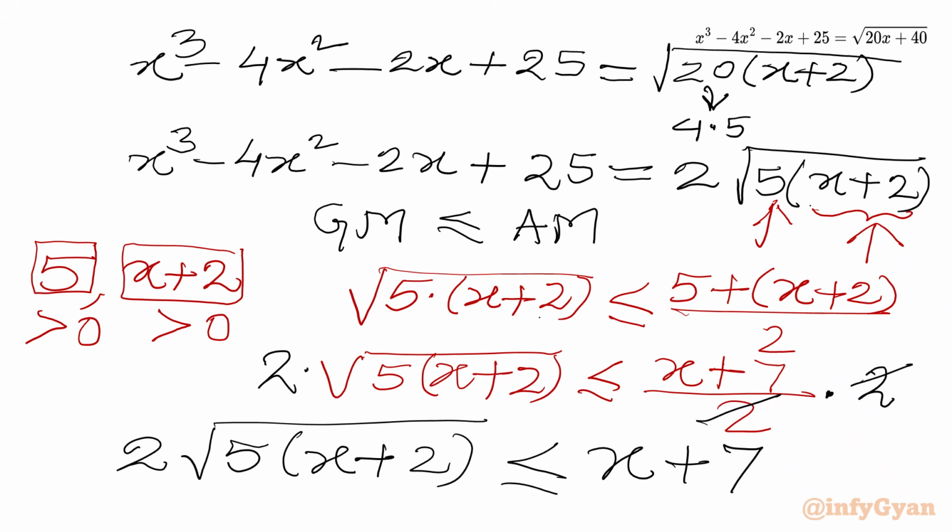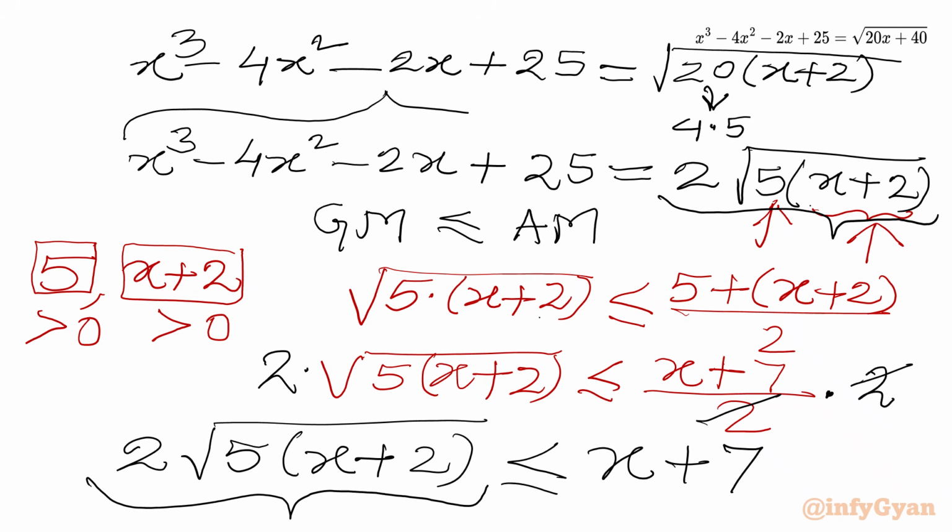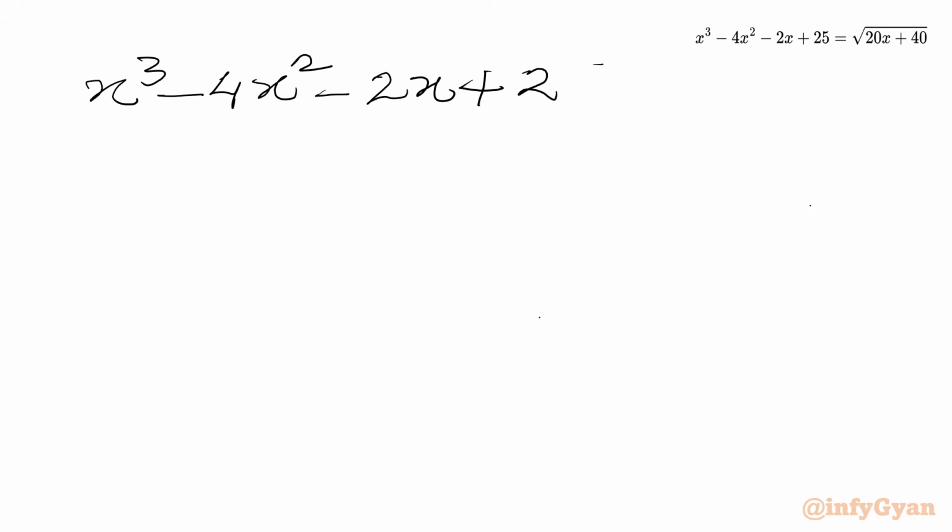Now we will replace 2 times square root of 5 times x plus 2 by this cubic polynomial x cube minus 4x square minus 2x plus 25. Let's write x cube minus 4x square minus 2x plus 25.